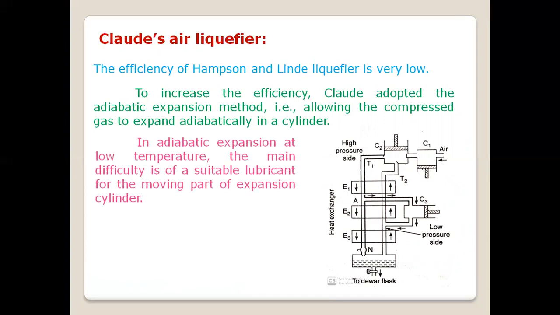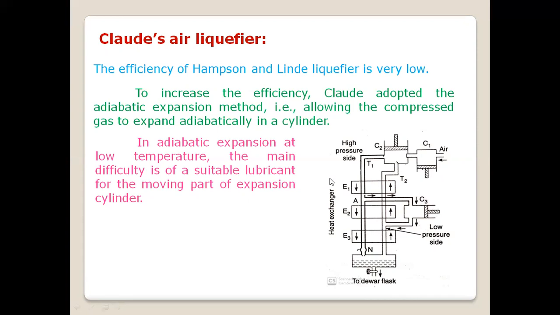In adiabatic expansion at low temperature, the main difficulty is finding a suitable lubricant for the moving part of the expansion cylinder. You see here in C1, C2 and C3, we are using pistons. For free movement of these pistons, some lubricant must be used.